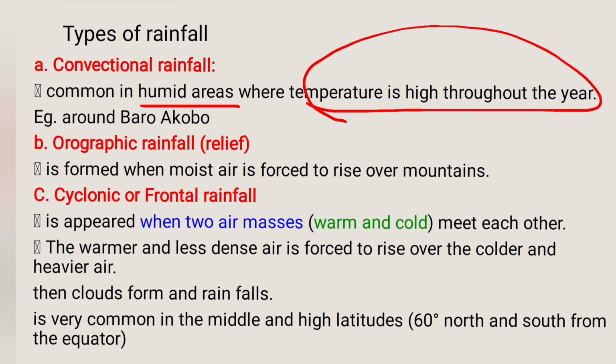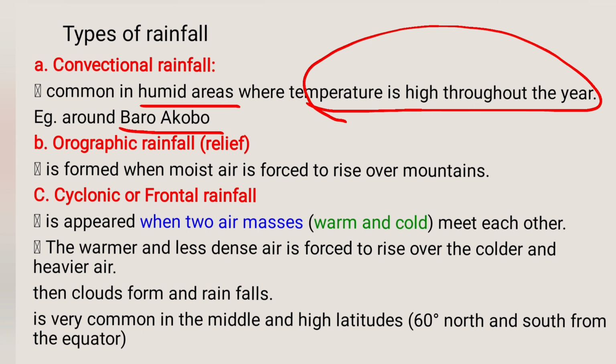In Ethiopia, this type of rainfall is found in lowland parts of Ethiopia like Baro Akobo areas. Reasonably, Baro Akobo is known for having conventional type of rainfall.